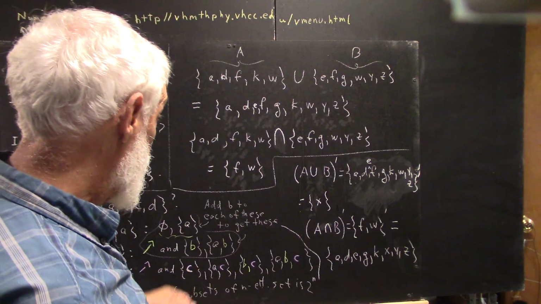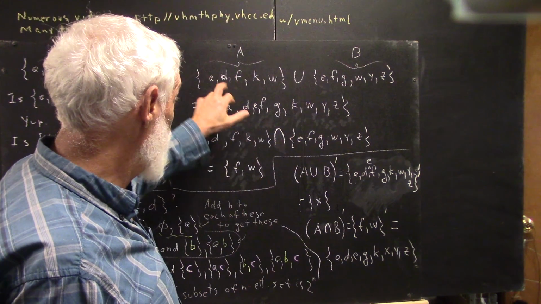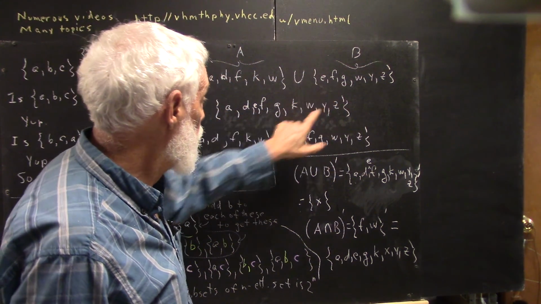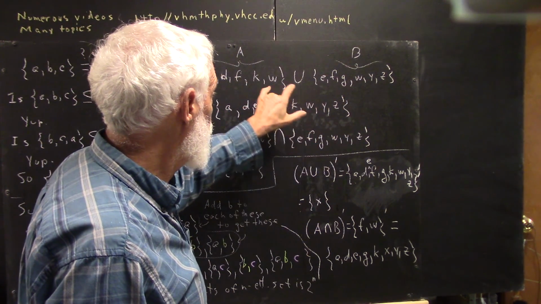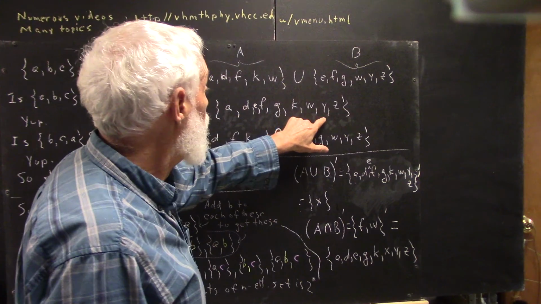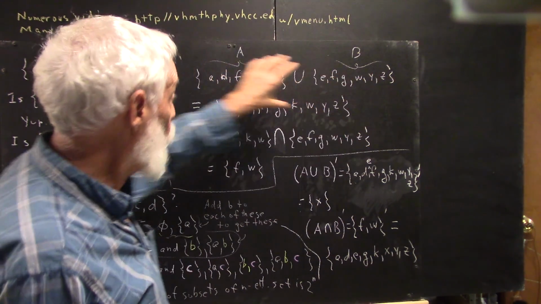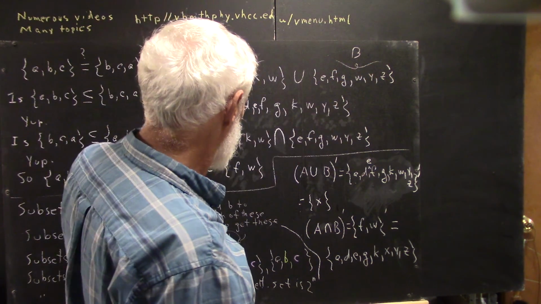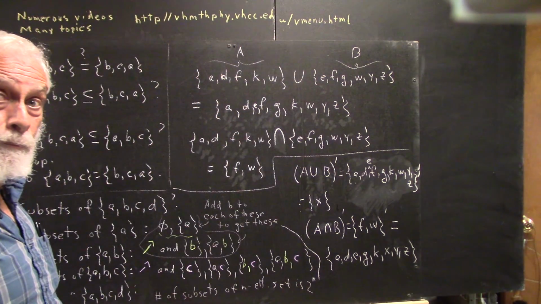If we want to really check this, is A in at least one of the sets? Yeah, there it is. How about D? Yeah, there it is. How about E? Well, there it is. F, there it is. G is there. K is here. W is here. It's also here, but Y is here, and Z is here. So everything in this set is in one of these sets, and everything in either of these sets is in this set. So this is the union.